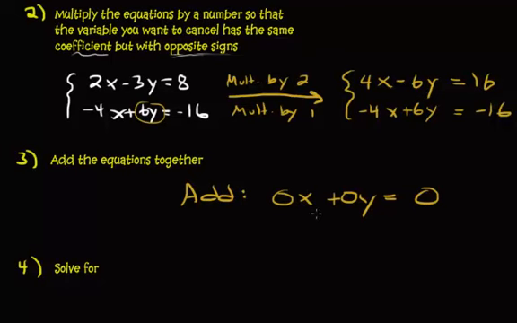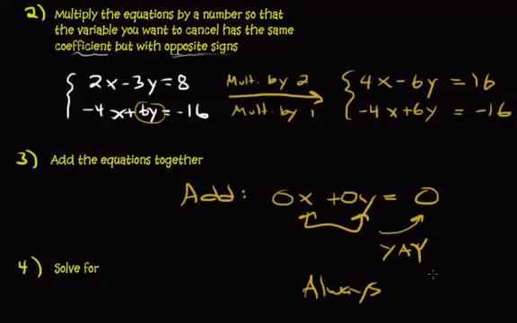All right, so this is a little bit different than the no solution, because no matter what you plug in for x and y, the left-hand side is going to give you 0. Well, what is the right-hand side? It's 0. Yay! Basically what this says is that any pair of x and y that's on the line, or basically any solution to one, will be a solution to the other, because this is always true.